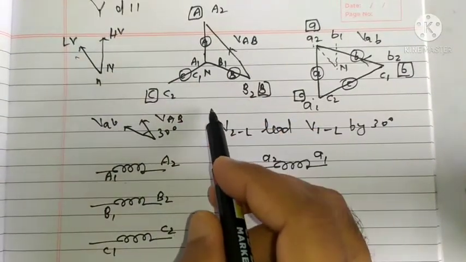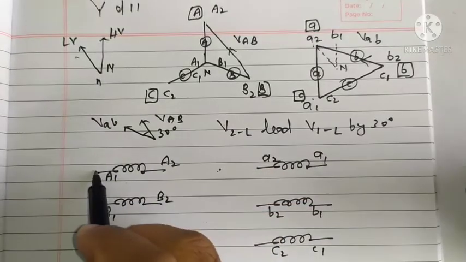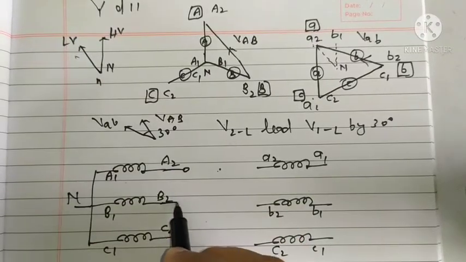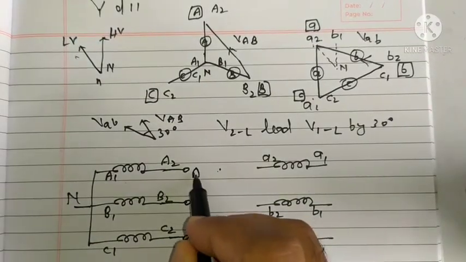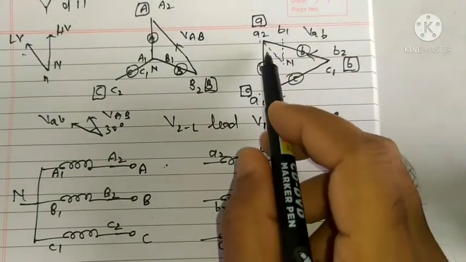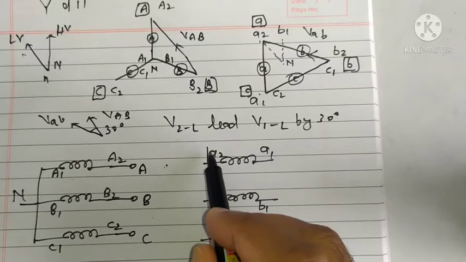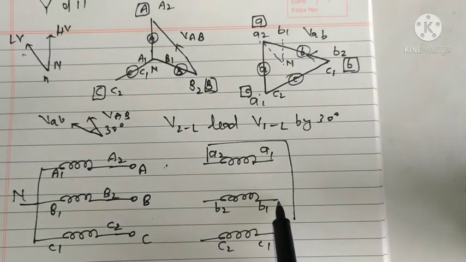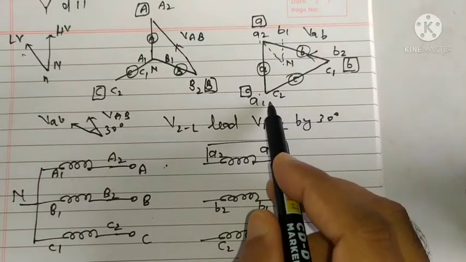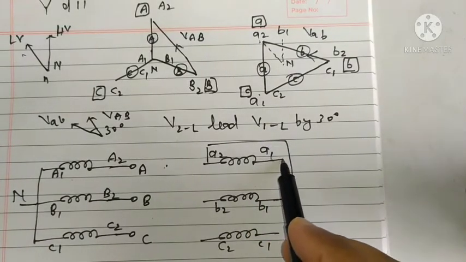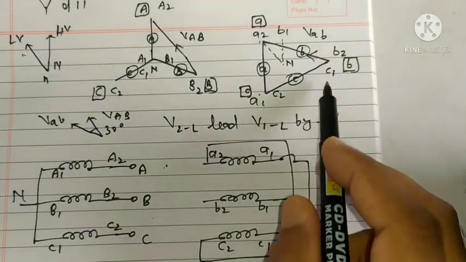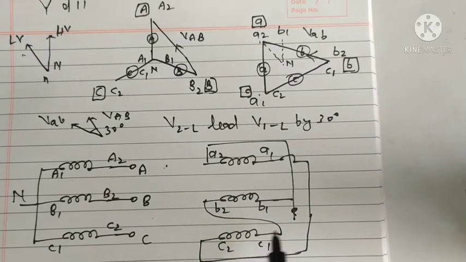So here A1 B1 C1 are shorted and it becomes neutral, and these are available as HV winding terminals A, B, C. In the LV side, A2 is connected to B1, A1 is connected to C2, and B2 is connected to C1, right?